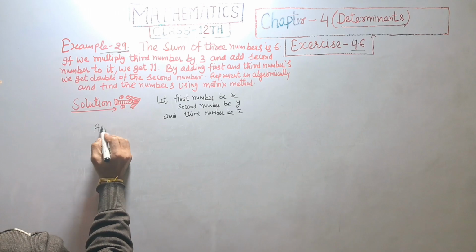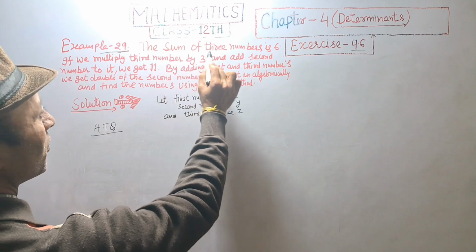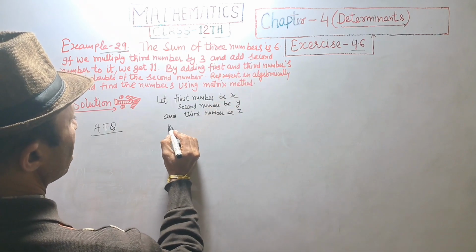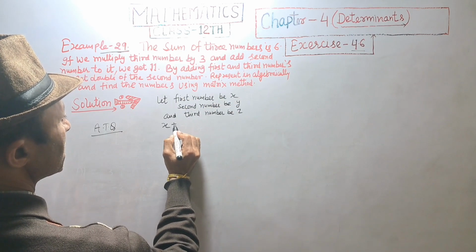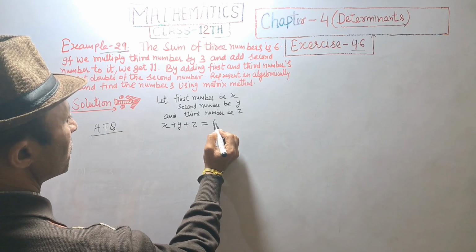According to the question, the sum of the three numbers, x plus y plus z, is equal to 6.